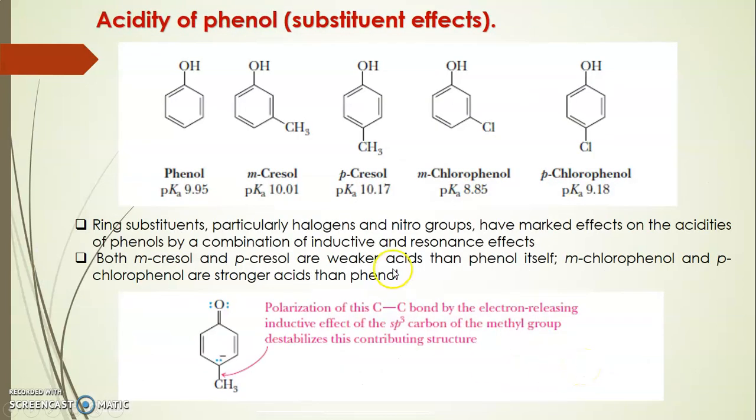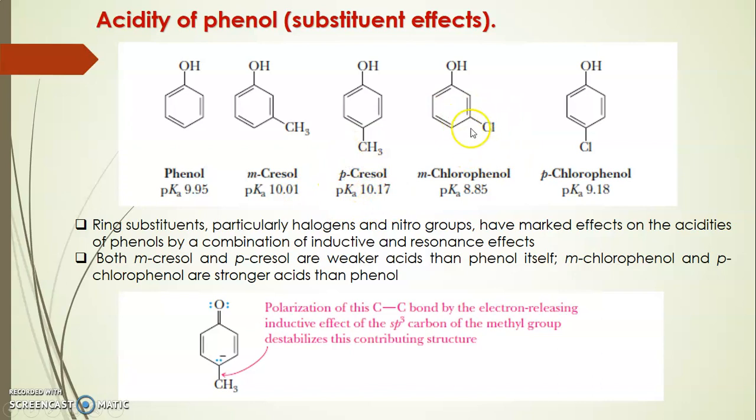All right, so the next one is the substituent effect. In the case of phenol, meta-cresol and para-cresol, that is a methyl group at the meta and para position, you can compare the pKa values. In the case of phenol, it is 9.95. When you have a meta substitution of a methyl group, the pKa is increased, that is, the acidity gets decreased. If the methyl is at the para position, its acidity gets decreased again.